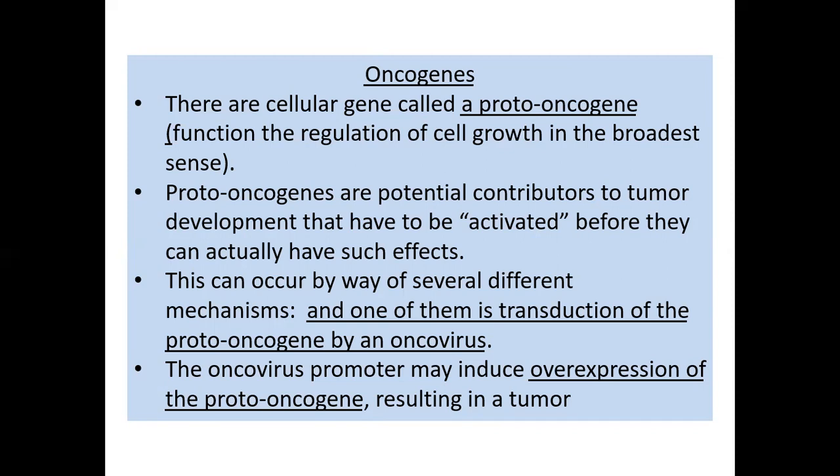Proto-oncogenes are potential contributors to tumor development that have to be activated before they can actually have such effects. So proto-oncogenes are genes which are normally present in the animal cell. They are needed for growing of the cell. But if they are hyperactivated, this growth will be overgrowth.